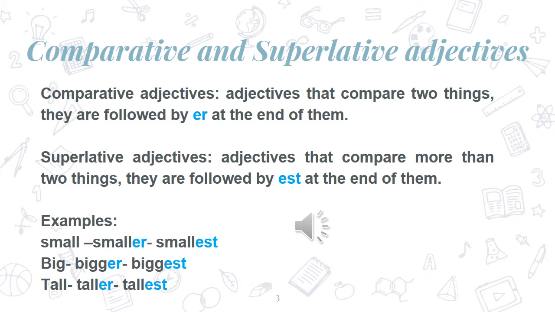So when we want to compare more than two things, 3 things and more, we're going to add est to the adjective. So for example, small هصير smallest, big, biggest, tall, tallest, and so on.